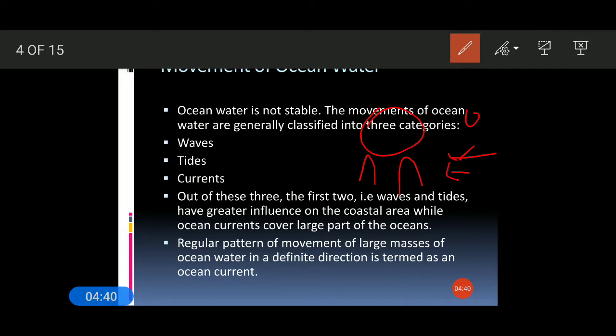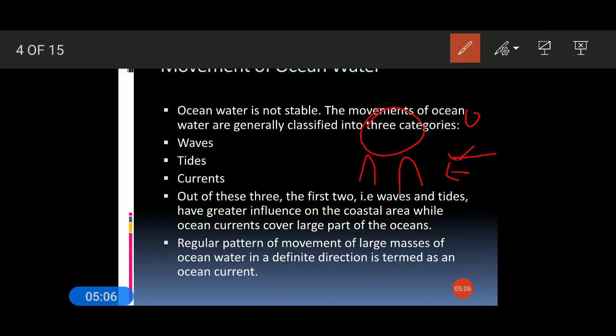Now coming to next, ocean current is quite a different phenomenon. An ocean current is simply a large movement of water, or mass movement of water, in a uniform or definite direction. Waves and tides have a greater influence along the coastal areas, whereas currents have influence over a large part of the ocean.